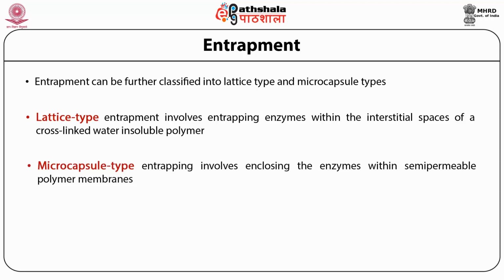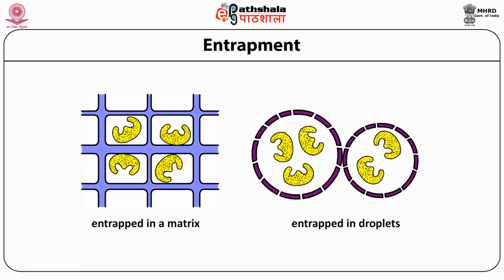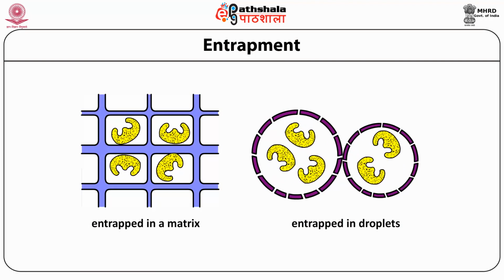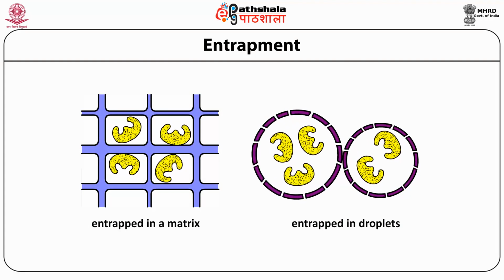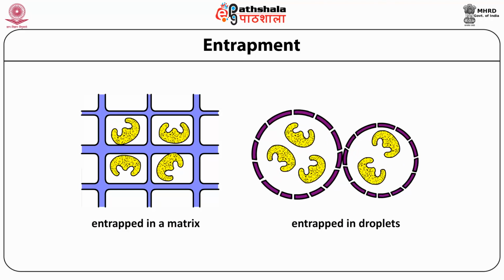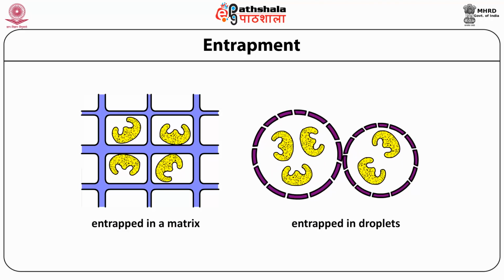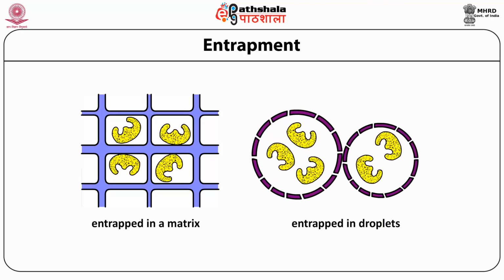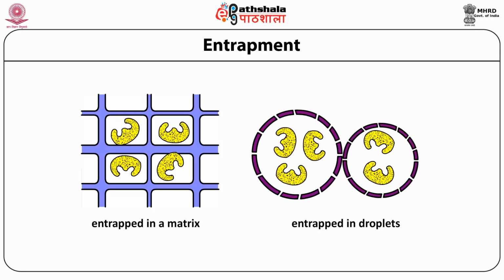In microcapsule type, entrapping involves enclosure of enzyme within semi-permeable polymer membranes. You can see here how an enzyme is entrapped in a matrix and how it is entrapped in a droplet. Entrapping into the matrix is very important when you design a biosensor, and entrapping into the droplet has different significance.